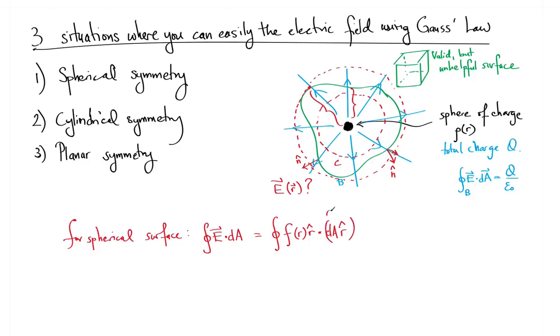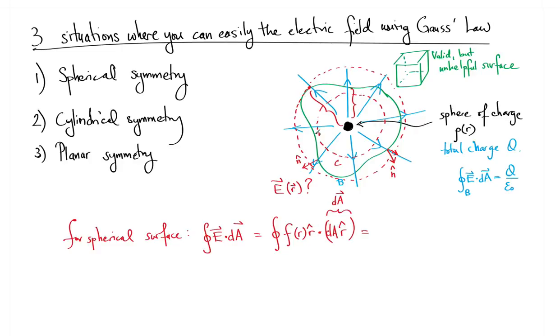That's basically what the dA vector is. So you get an R hat dot R hat, which is just a scalar, right? And since our surface here is a sphere, R is constant everywhere on the surface, so we can treat f of R as just some quantity. We don't need to worry about it in the integral.